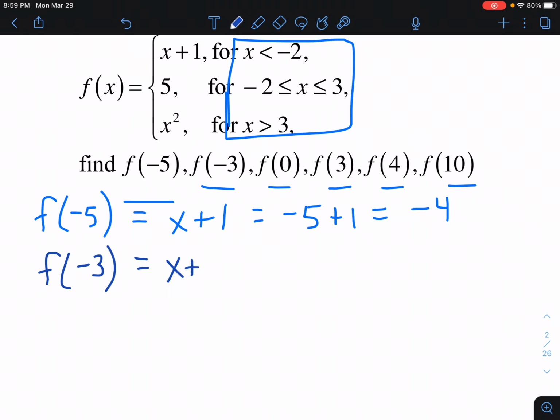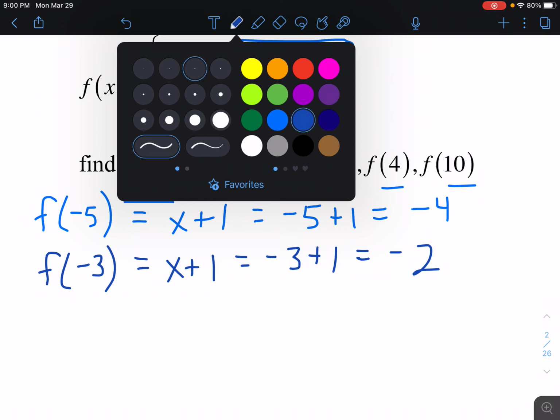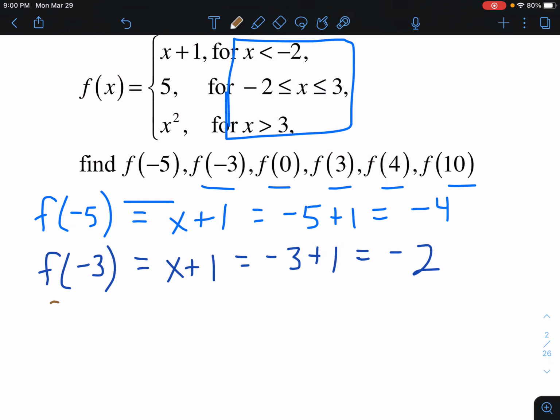I'm going to plug in -3 for x. -3 plus 1 is -2. All right, now the next one is f of 0. Here, 0 is not less than -2, so we're not using the x plus 1 this time around.